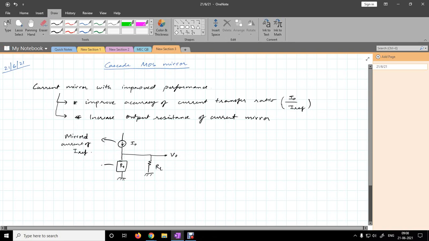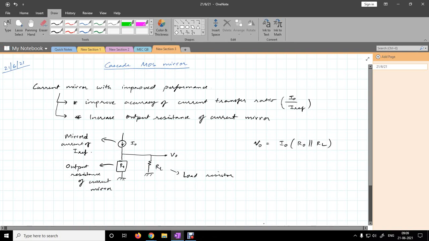This R naught is the output resistance of the current mirror. RL is the load resistor. So I can write V naught as I naught into R naught parallel RL.